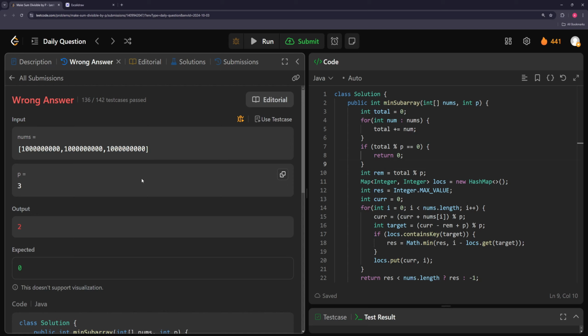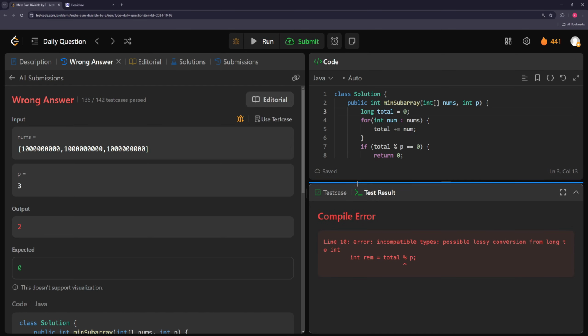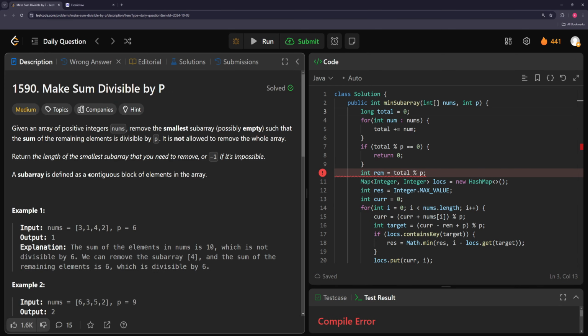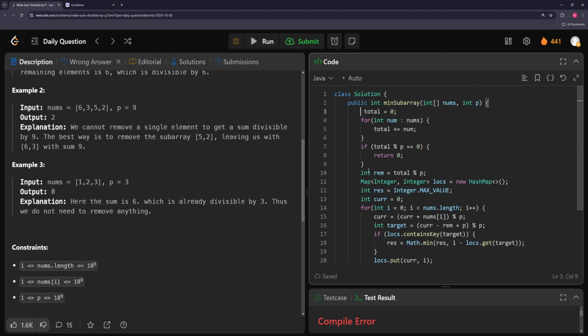Is this too big? Curious. Maybe we have to make it a long. Let's find out. I don't think so. Yeah, I think the numbers are fine. I don't think that's the case. So I'm doing something else.